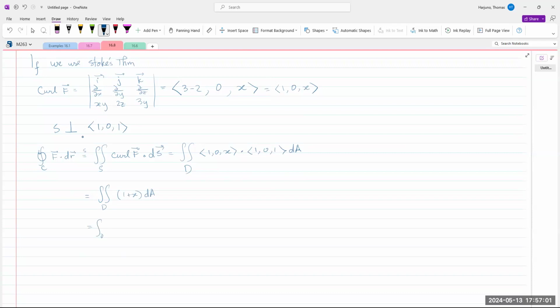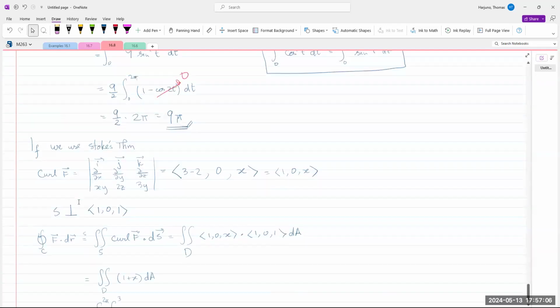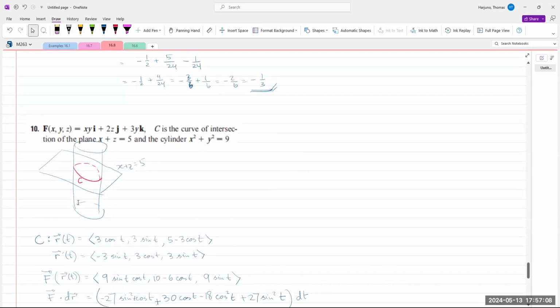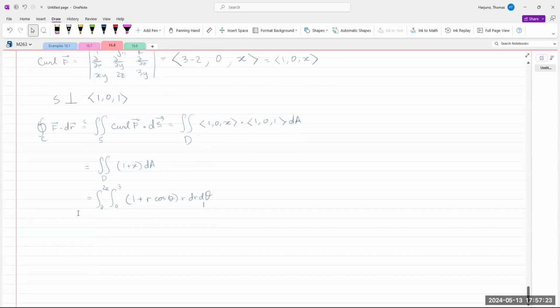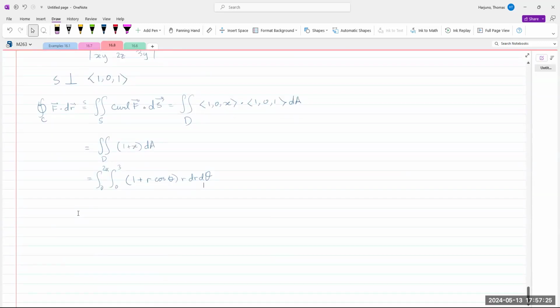That's the integral from 0 to pi, integral from 0 to 3. Is it right? Yeah, that's right. Of 1 plus r cosine theta, r dr d theta. Okay, but then you can see that if you integrate this, the cosine part will give us 0, and this is basically the double integral over 2 pi.